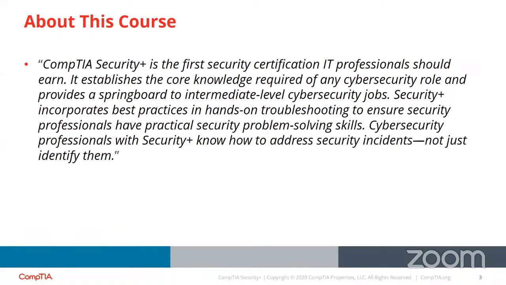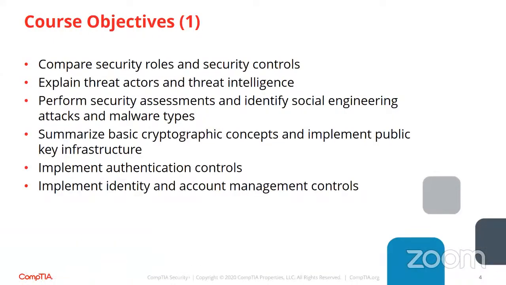So whenever you begin to hear of an incident, you should have in mind that something really bad has occurred and there is need for identification and mitigation. When you identify, then you can mitigate. All right, so now the course objective includes comparing security roles and security controls.